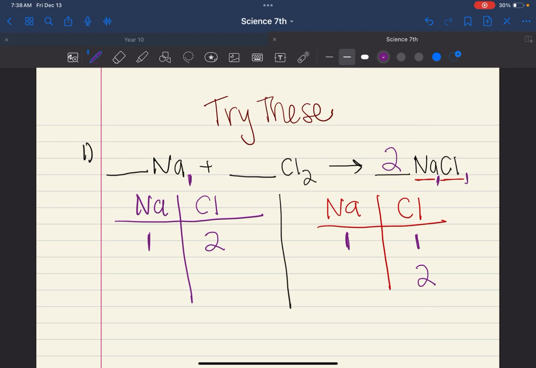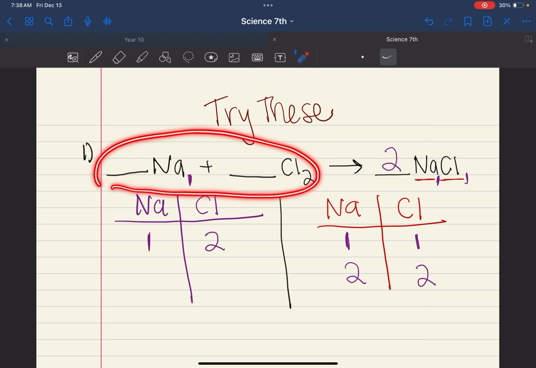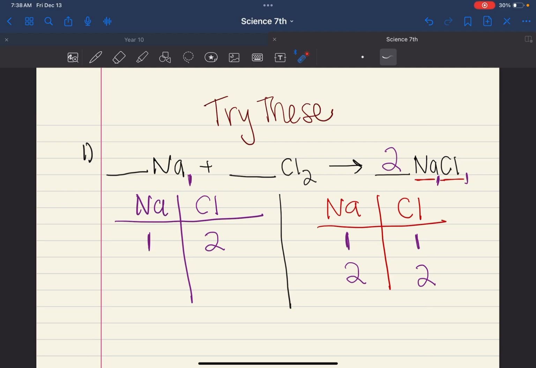But we just changed the whole thing up, right? Now we have 2 what? Of sodiums, of Nas. Now we also have 2. So we have 2 sodiums, so 2 Nas and 2 Cls. What do we need to do now to the reactant side to now have the same amount of sodium?